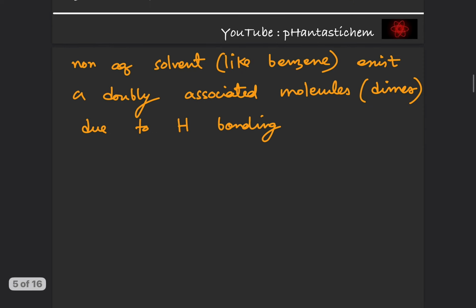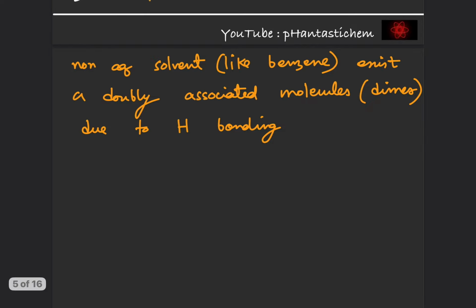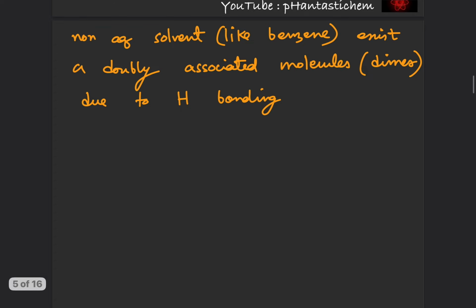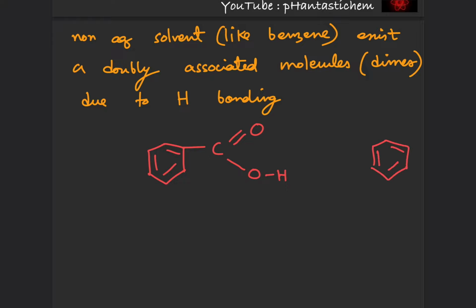In this case, since they are asking for benzoic acid, I will represent how they form a dimer. Obviously benzoic acid will have C6H5COOH. So this is the benzene ring. Then we will have C, which is connected to a double bond O, carbonyl O, and OH, hydroxyl OH. Then we will have one more benzoic acid molecule.